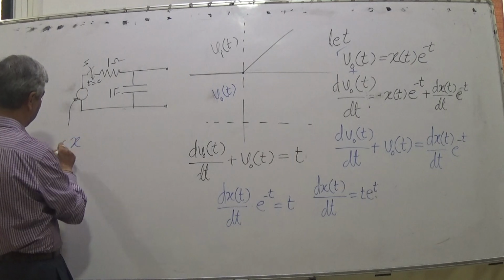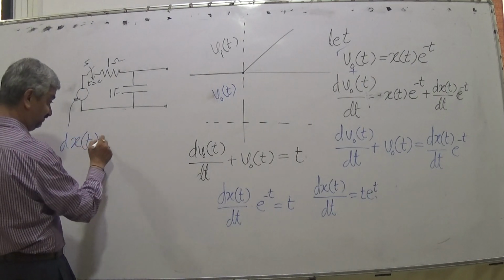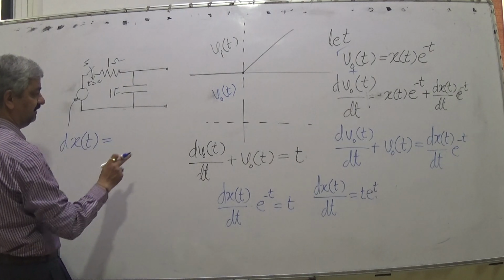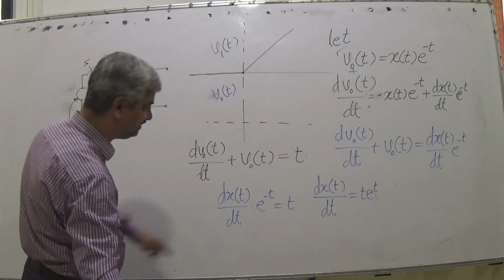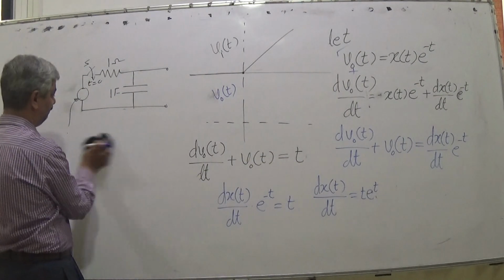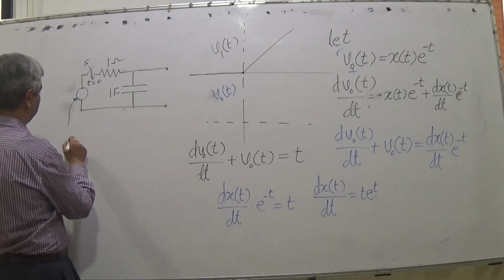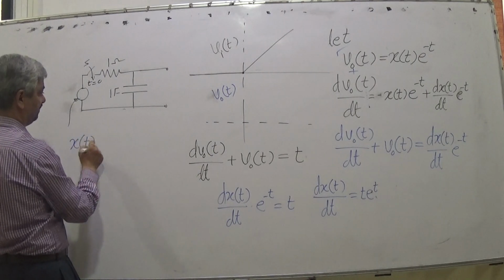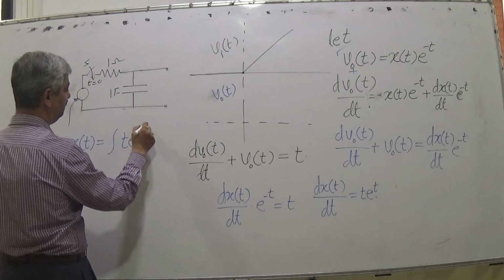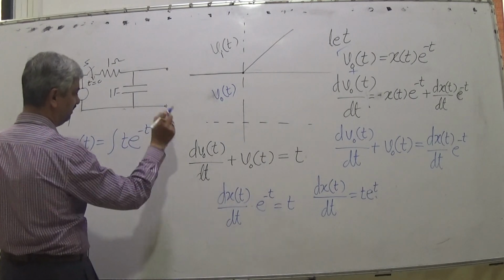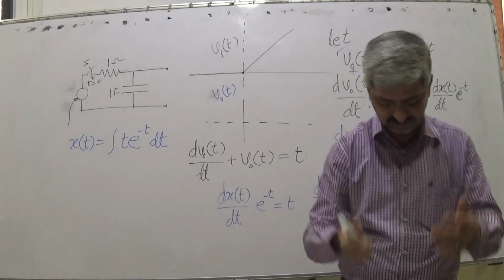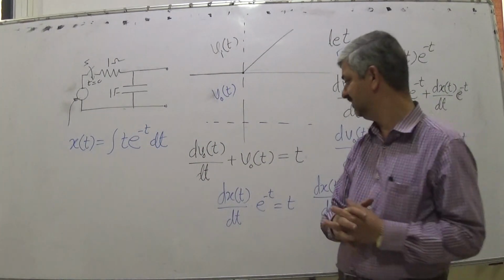I can say dxt, integrating both sides, we can simply have xt is equal to, with respect to t, the integration of t e raised to minus t dt. And this is integrable. That's what I think in 12th you must have integrated.